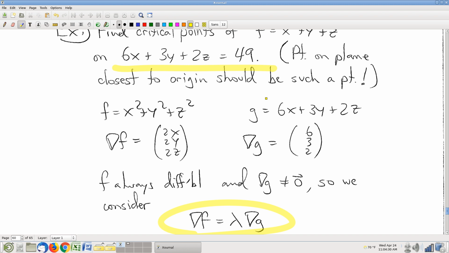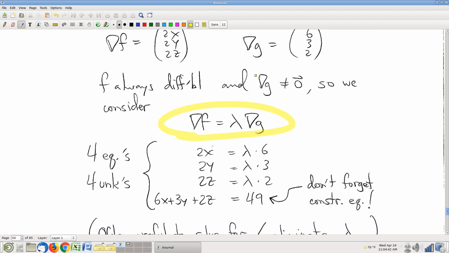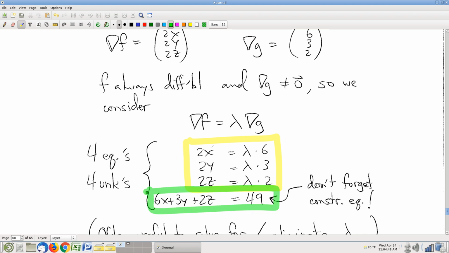I don't need to worry about what happens at points that are not on our constraint set. We're not allowed to go to points that are not on our constraint set. I'm not responsible in any way for points that are not on our constraint set. So I am actually only interested in points that satisfy the Lagrange condition if they are actually on our constraint set. Right, so keep that in mind as well.